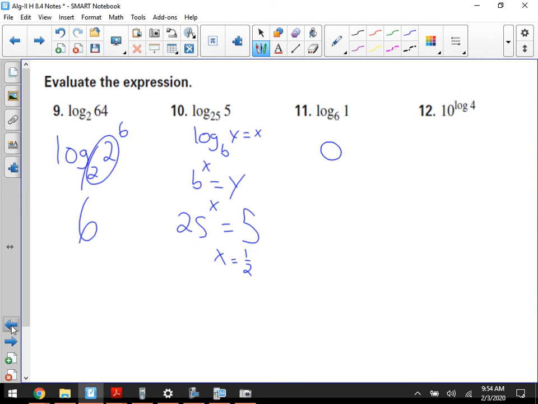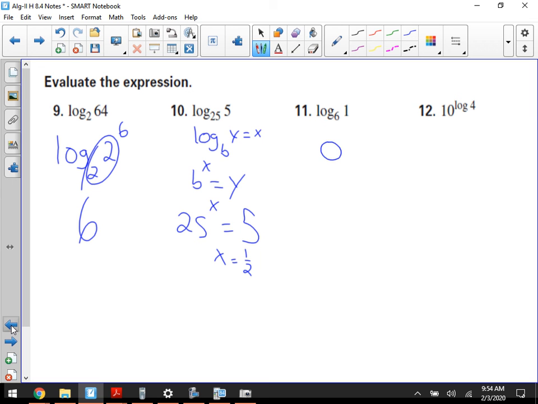So 25 to what power is 5. Remember, when you're saying log base b of y is x, it's the same thing as saying b to what power is y. So 25 to what power? It's counterintuitive to what we've learned. That's why it takes a day or so to get going, because a lot of people make that mistake between half power and squaring. It's like, oh, it's 5 squared, but you have to remember that it's on the other side of the equation.